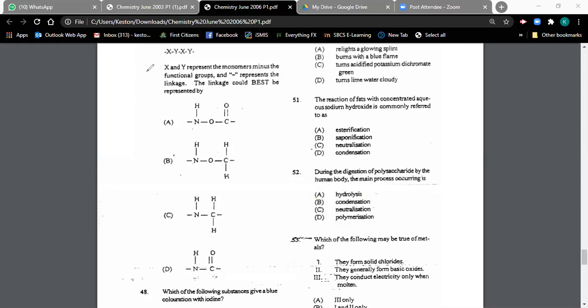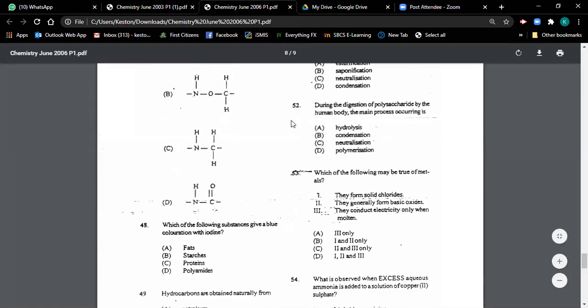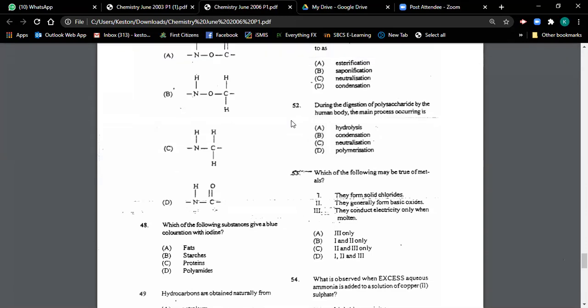53. Which of the following may be true of metals? Which of the following is true of metals? B. 1 and 2.